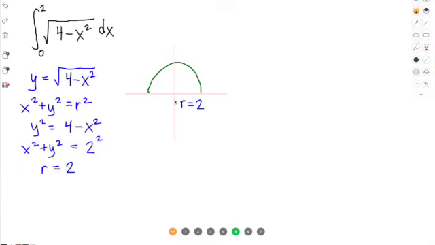Okay. So if this is 0 and this is 1 and this is 2, then we are looking for the area of this region only, which is a quarter of a circle. So we all know that the area of a circle is equal to pi r squared.